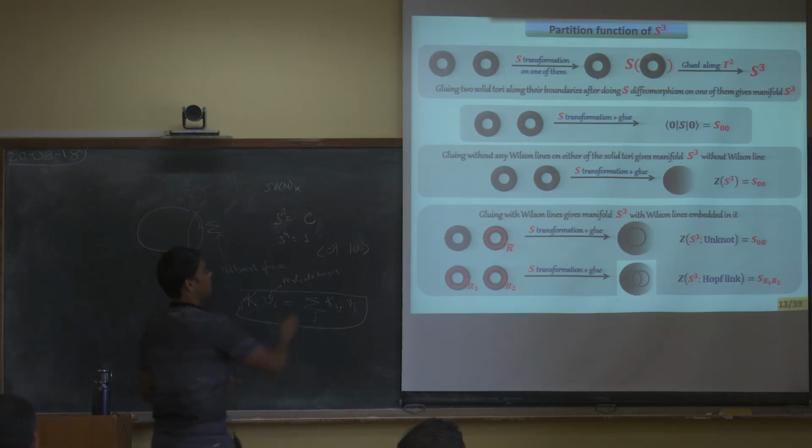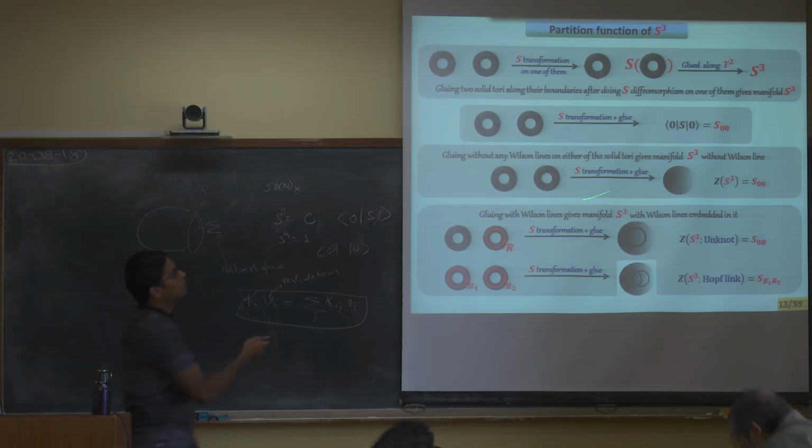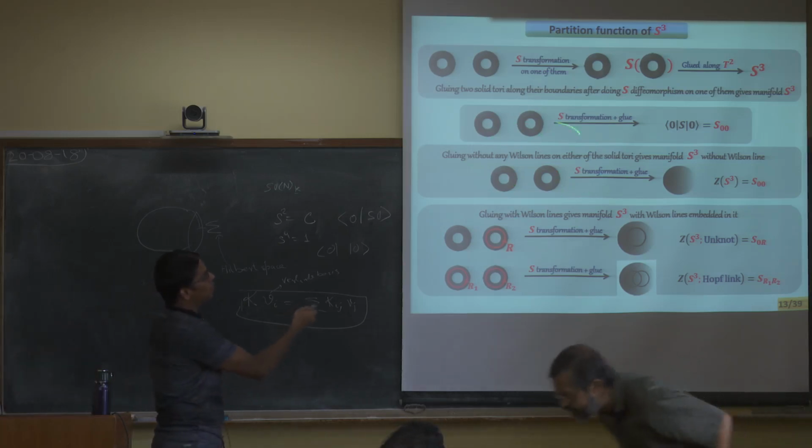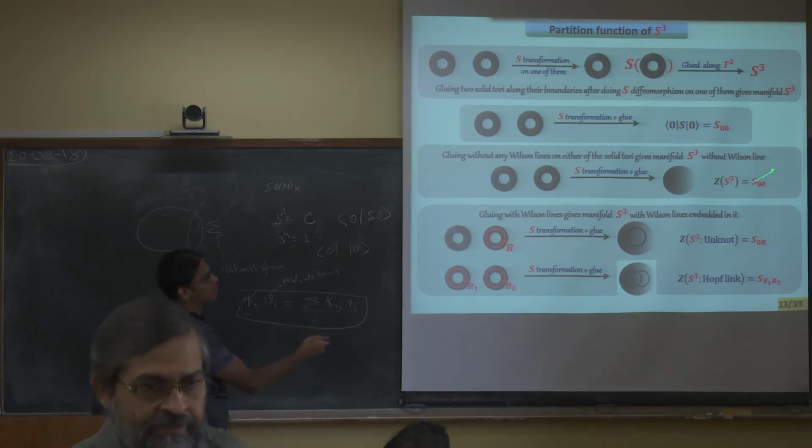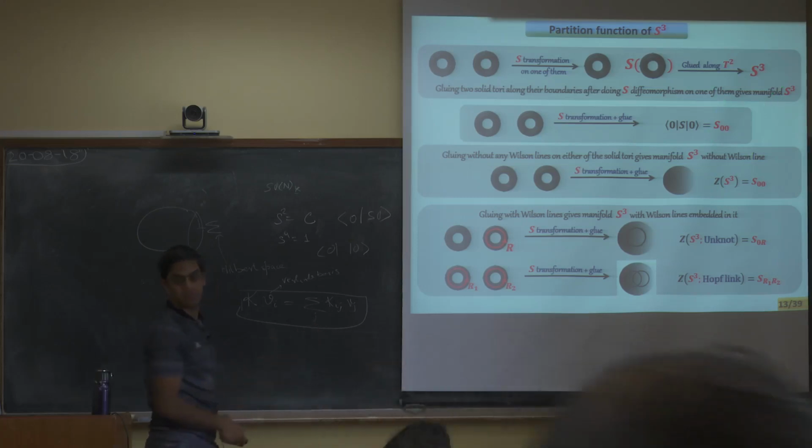We can compute the inner product of the 0 state and this diffeomorphism acting on the 0 state, which is simply the S00 element of the S matrix. And we know that this gluing gives the manifold S3, hence the partition function of S3 is simply S00.